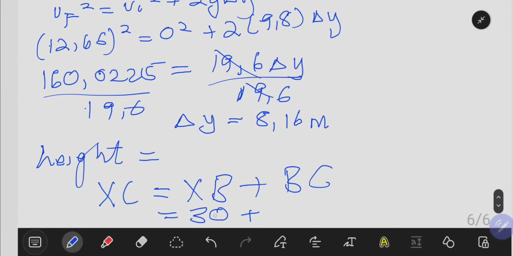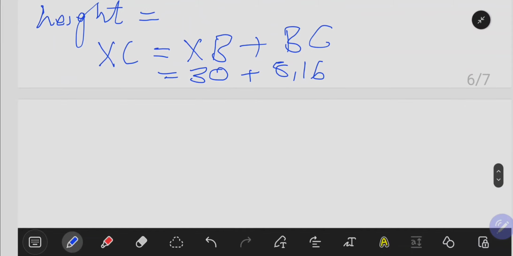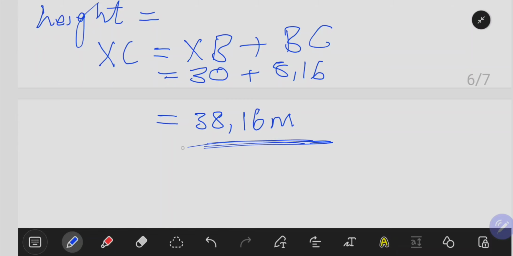I mixed them here, but it's fine. So now our displacement will be 38.16 meters. So this is the height of point X above the ground.